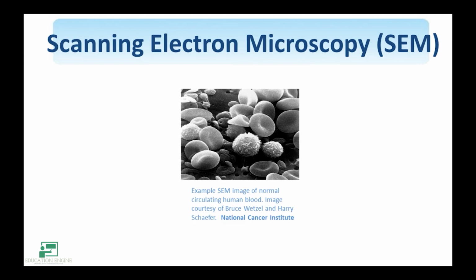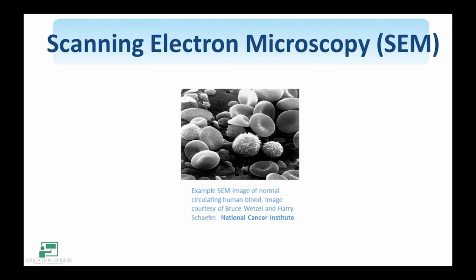With a scanning electron microscope, SEM, the electron beam scans and records the interaction of the beam with the sample at each and every location. A complete image is formed by just raster scanning of the beam through the sample.